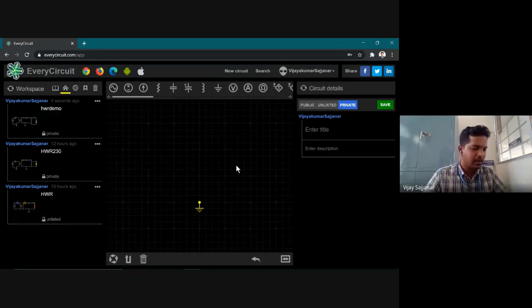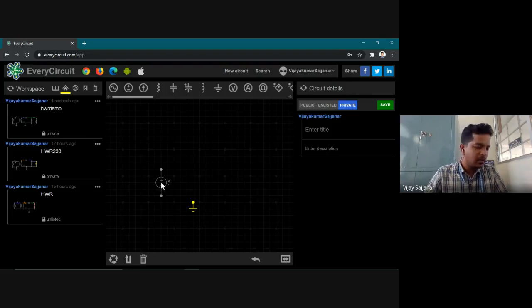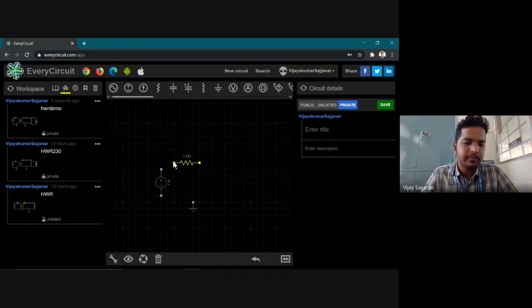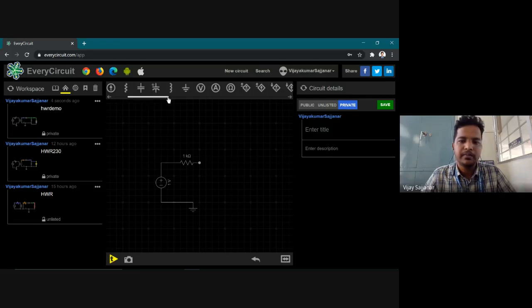Let's start with a voltage source. Input to a Zener diode will be DC voltage. We can assume that this voltage is the output of a half-wave rectifier with capacitor filter. We'll add a resistance, a supply resistance here. We'll change the values later on. We'll require a Zener diode.